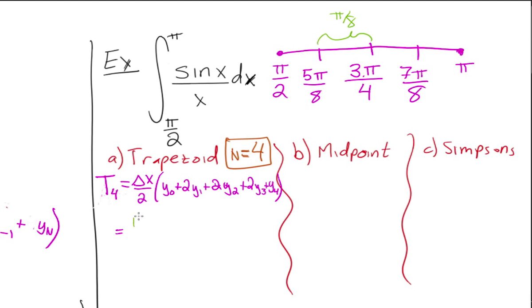All right, so this would be pi over 16, right? And then, all right. So then y sub 0, that's the value of the function at the first point, right? So you would plug in pi over 2. So sine of pi over 2.